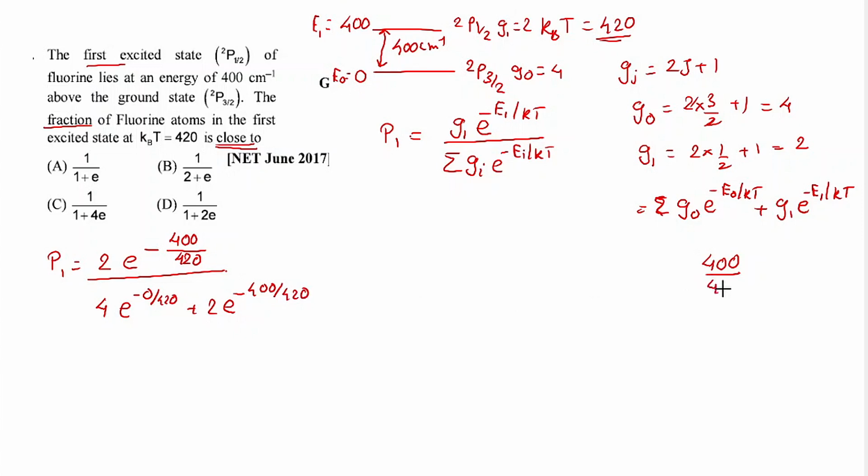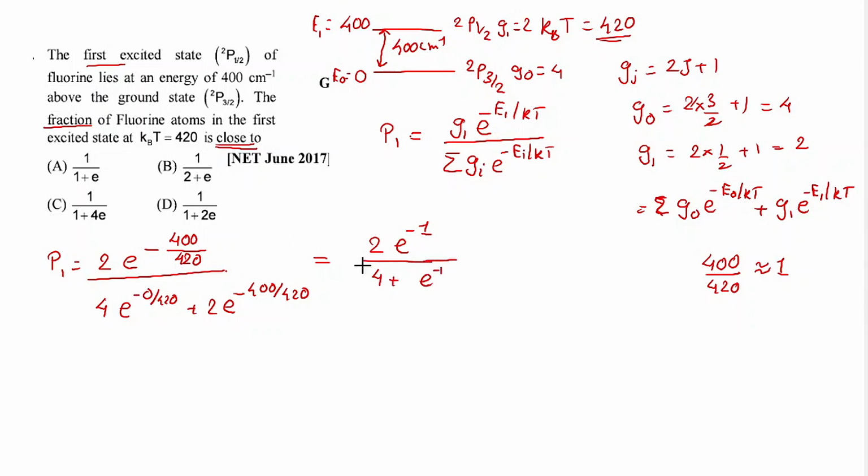This 400 upon 420 we can write as almost equivalent to 1. So this I will write equal to 1, and e raised to the power 0 will be 1. So we will have 2 e raised to minus 1 upon 4 plus 2 e raised to minus 1.